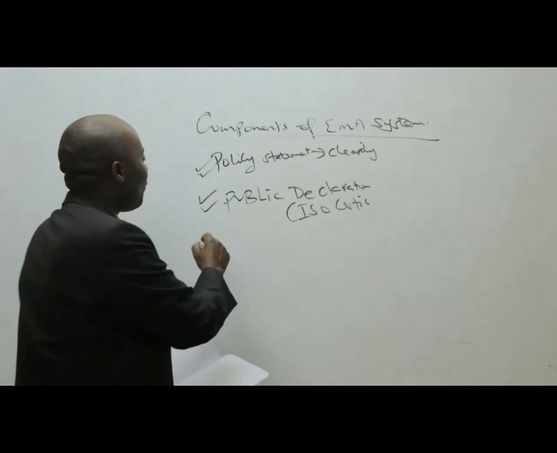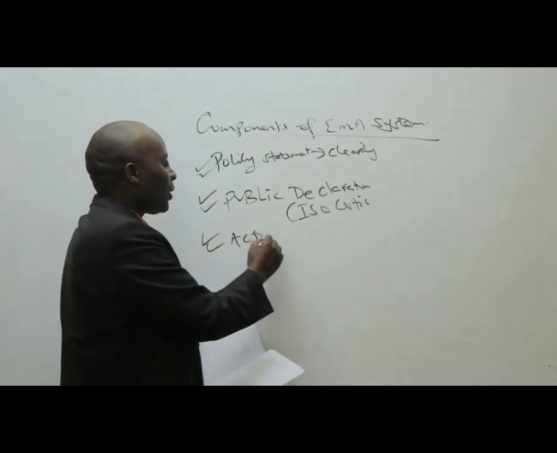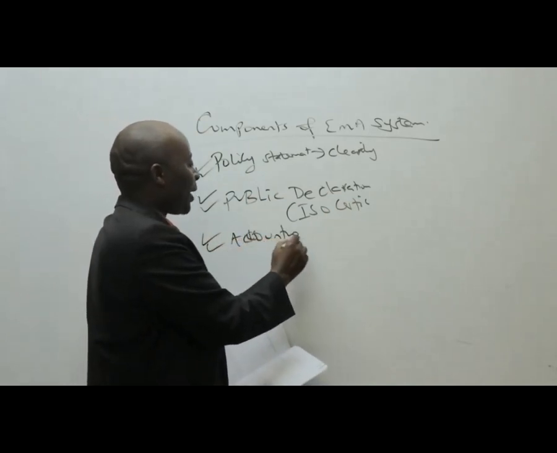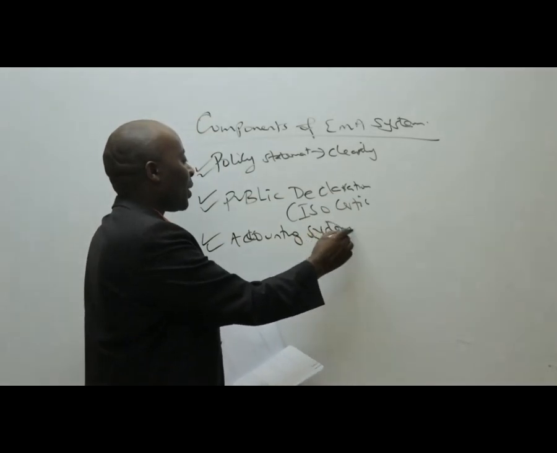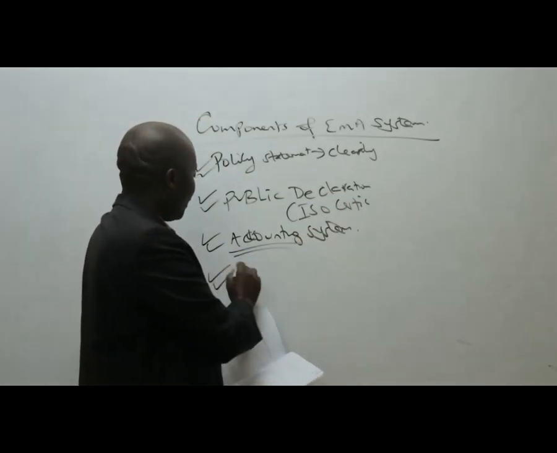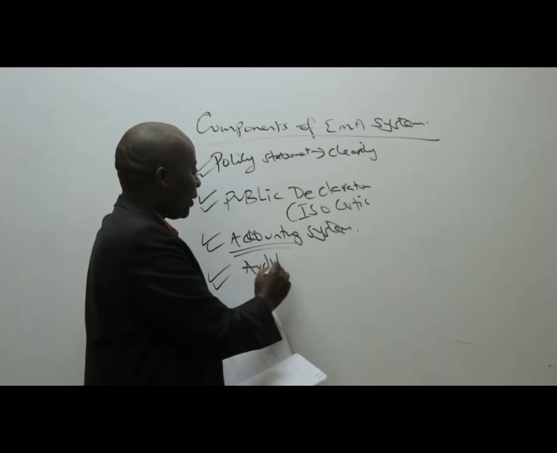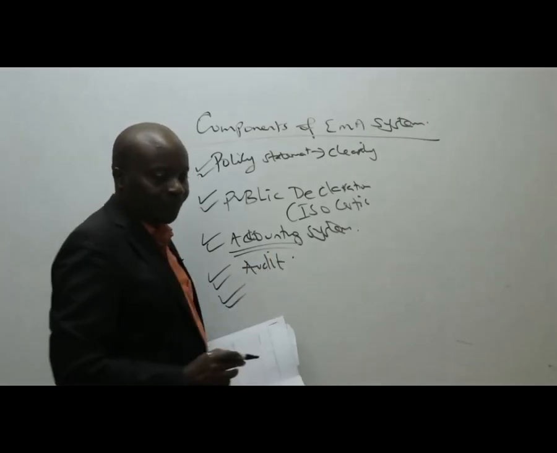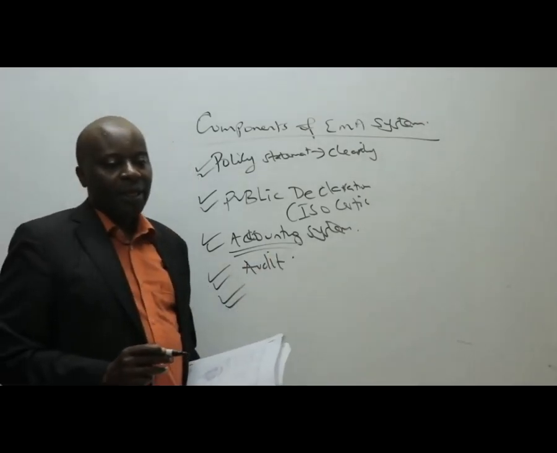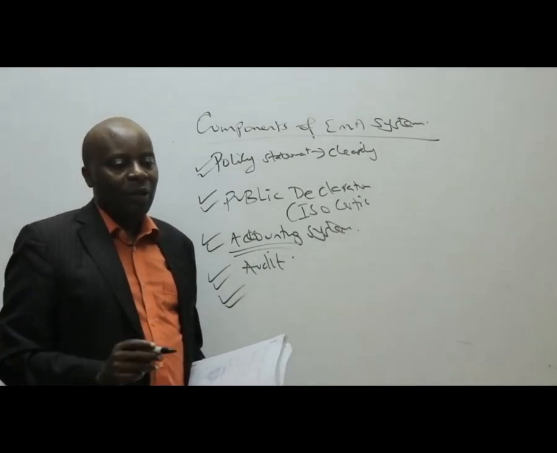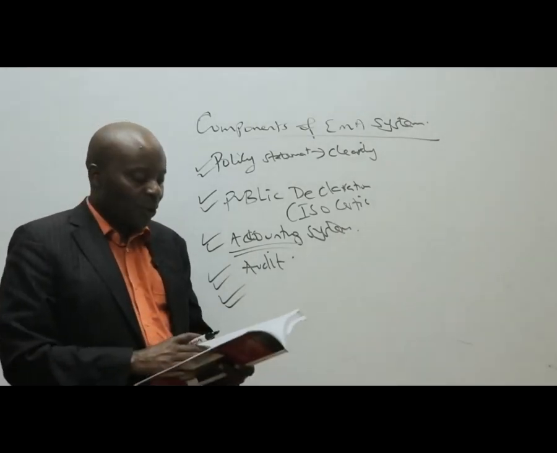We must have an environmental accounting system. Thank you very much. There must be an environmental accounting system, and of course, if there is an accounting system, there must be what? Environmental audit. Any other? Yeah, accounting system, and then we have an audit system. The last one is which one?